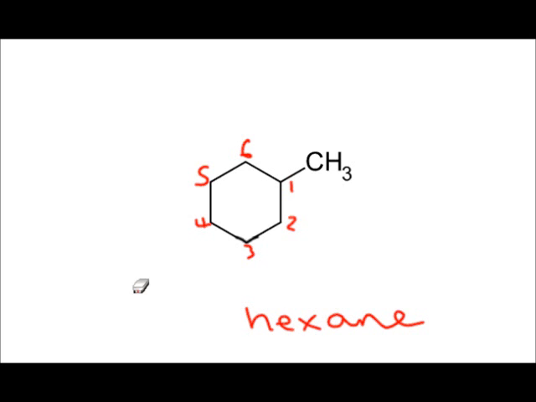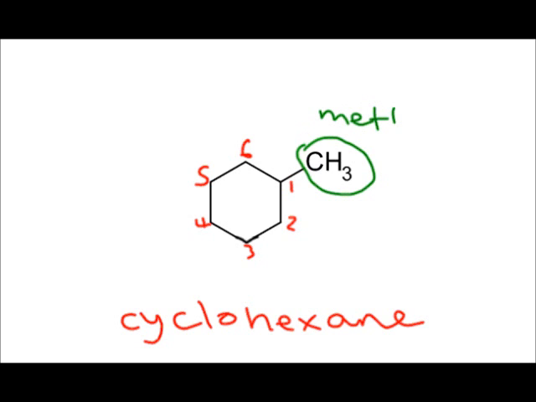Remember, the stem for 6 is hex, so it will be hexane. And because it's cyclic, we've got cyclohexane. As you can see here, we've got a methyl group attached to carbon number 1. However, because we could have started naming from any of these carbons in the ring, it wouldn't have made a difference. So we don't need to number the methyl group. So this compound will simply be methyl cyclohexane.